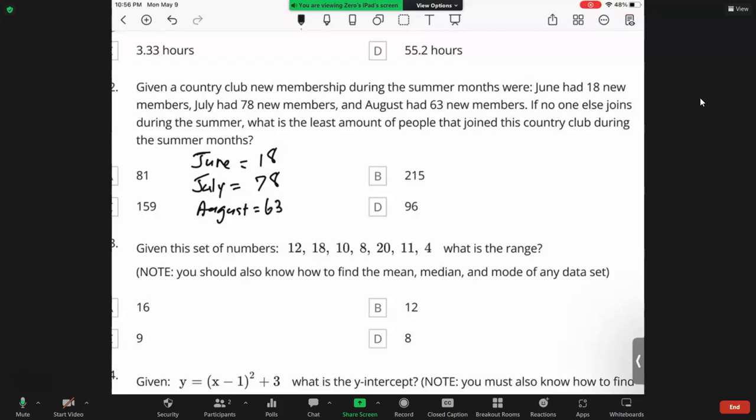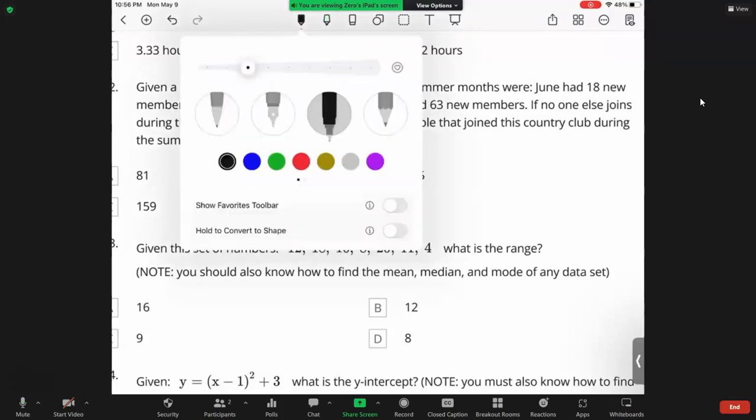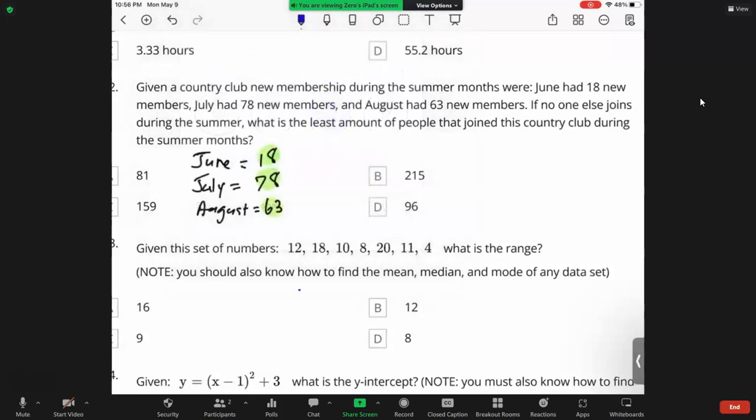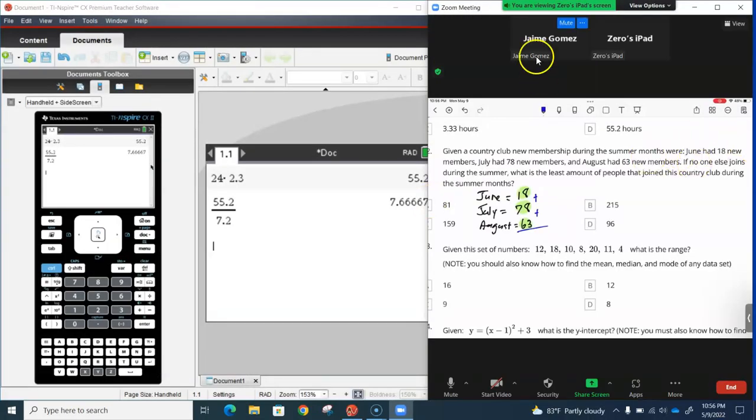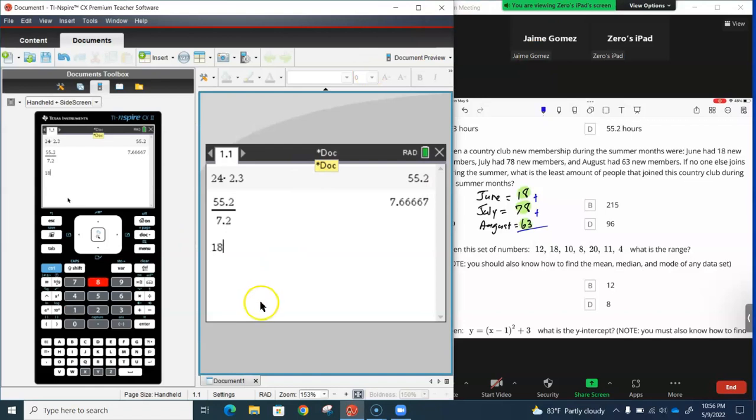If no one else joins during the summer, what is the least amount of people that can join this country club? Well, if no one else joins, just add them together. Add 18, 78, and 63. So plus, add them all. And that's the answer. 18 plus 78 plus 63. It's 159.